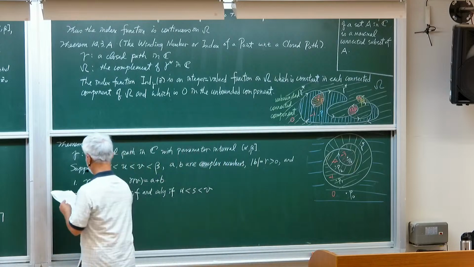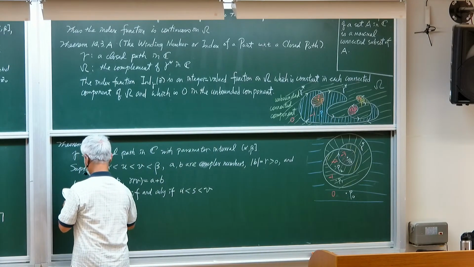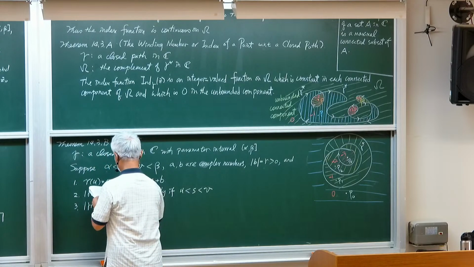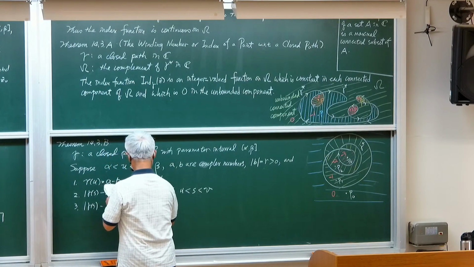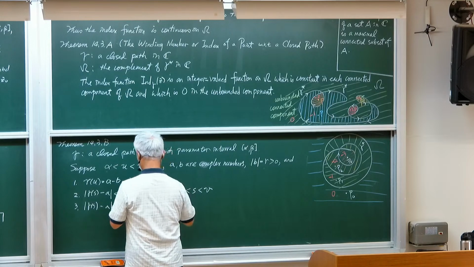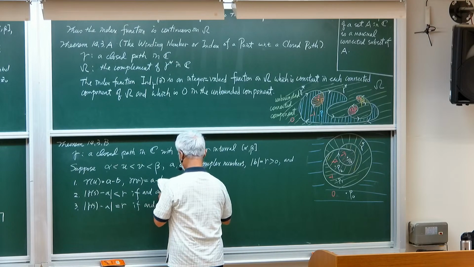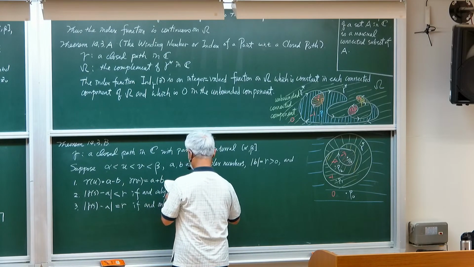And third, the absolute value of gamma(s) minus a equals r if and only if s equals u or s equals v.